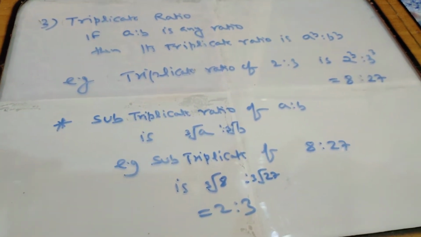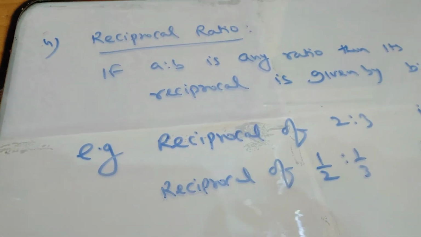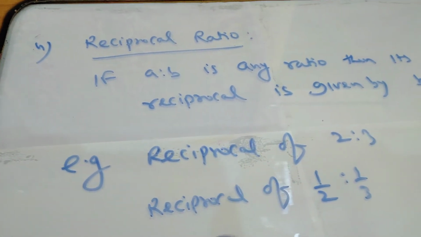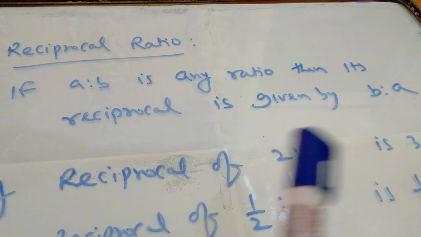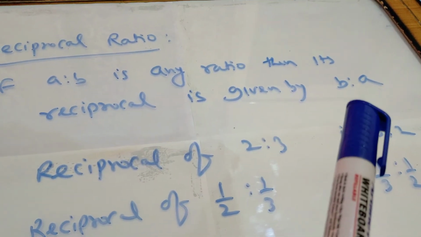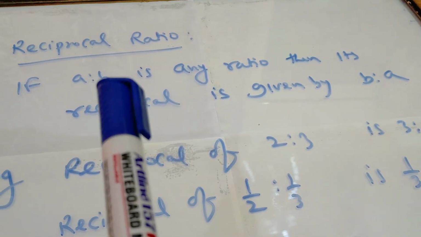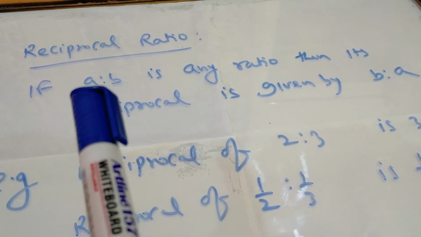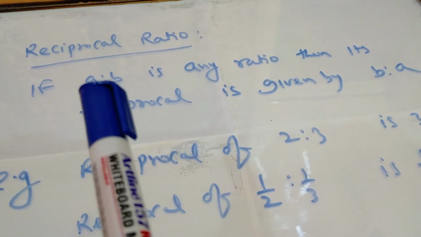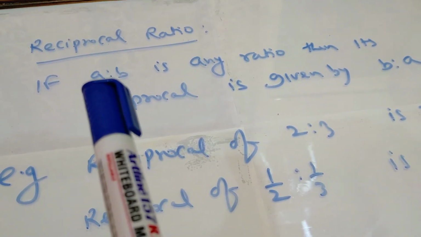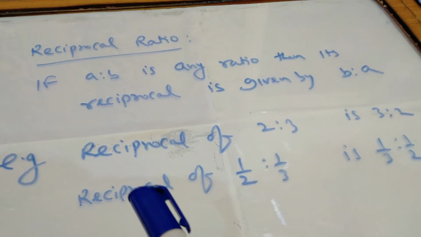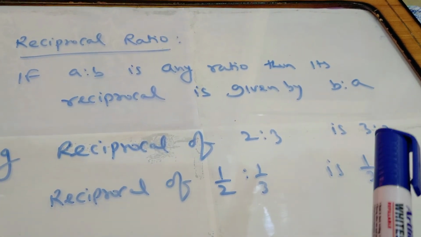So note down this part. Now the last topic is reciprocal ratio. If A is to B is any ratio, then its reciprocal is given by B is to A. We have to write in the numerator B and in the denominator A. So reciprocal of 2 is to 3 is 3 is to 2.